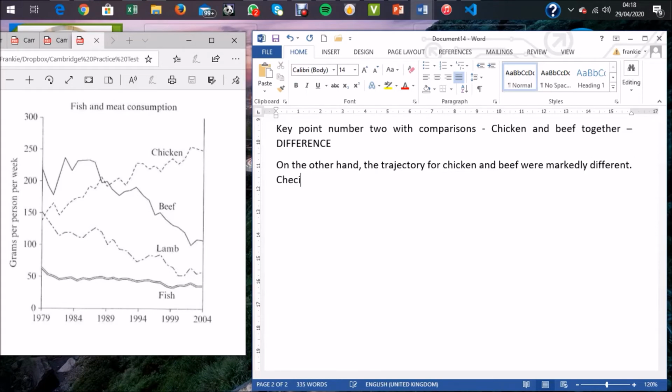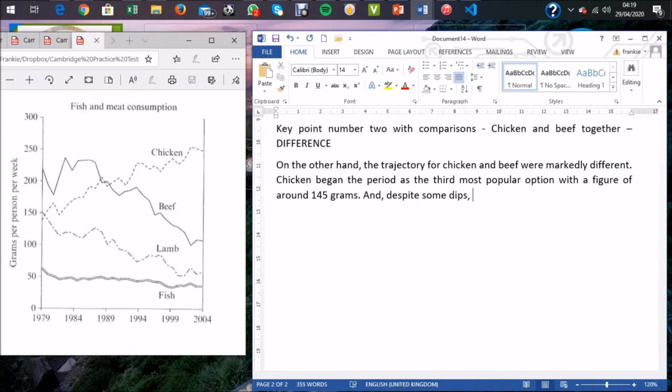Chicken began the period as the third most popular option, with a figure of around 145 grams, and despite some dips, its curve rose sharply over the period, finishing with nearly 250 grams in 2004.